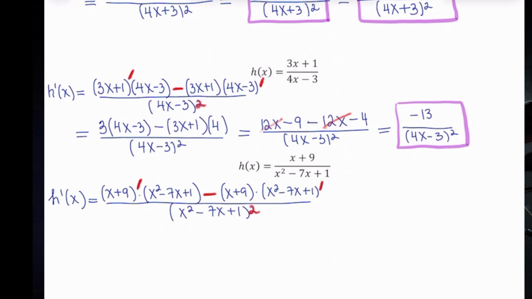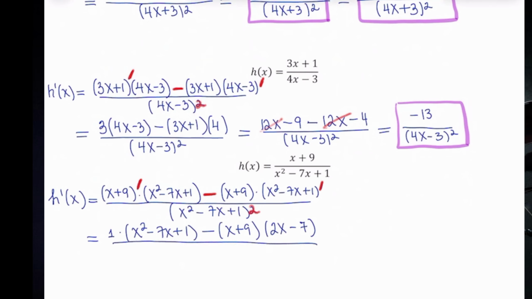Now we compute derivatives. The derivative of x plus 9 is just 1 times x squared minus 7x plus 1. And the derivative of our quadratic function will be 2x minus 7. And the denominator is still the same. Now, I'm going to pause here for a moment. I would like for you to FOIL these expressions and then carefully combine like terms.